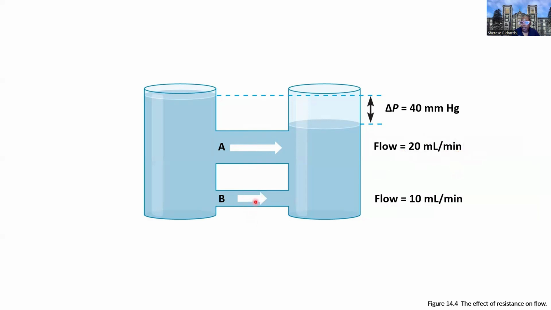Alternatively, scenario B has a smaller radius, which means that it has more resistance. And that is going to result in a lower rate of flow. So the resistance, again, is inversely proportional to the flow. When the resistance goes up, the radius goes down and flow goes down. When the resistance goes down, the radius goes up and flow goes up.